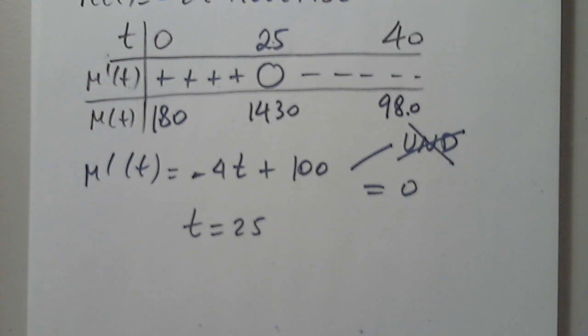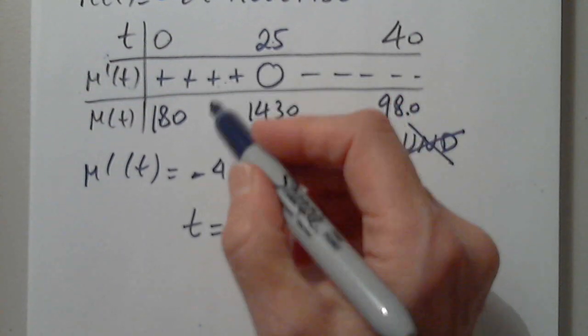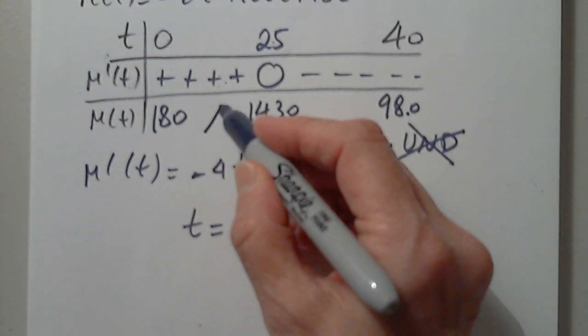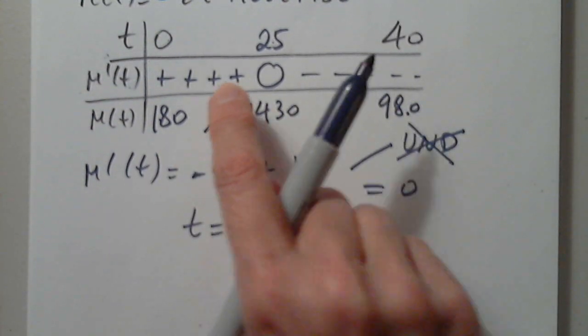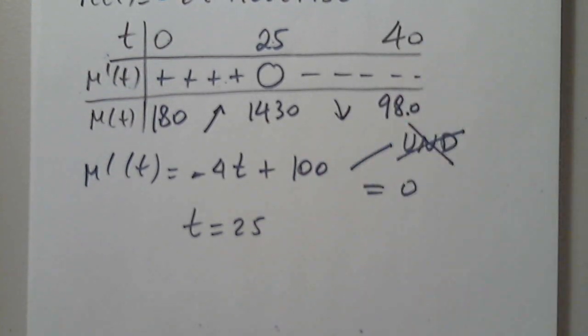So what is the year of the maximum productivity? 25. Yes. So obviously from 180 to 1430, it's increasing, and that's supported by the sign. And the same thing here, going down. So one more second. What was the other one? 980. There's no dot there.